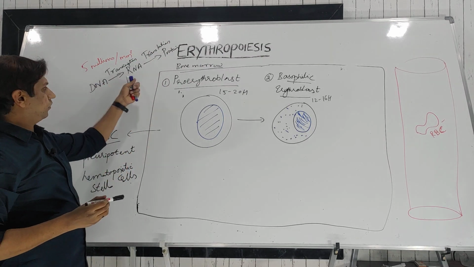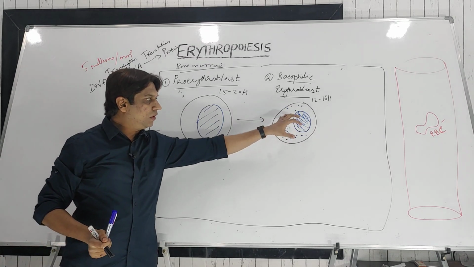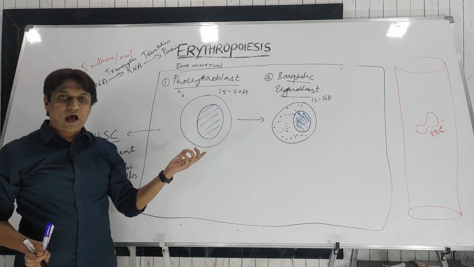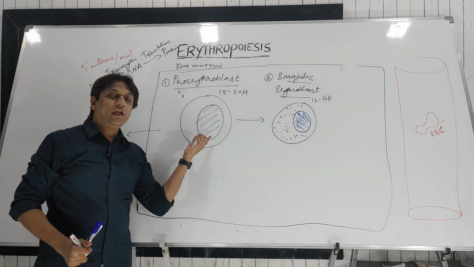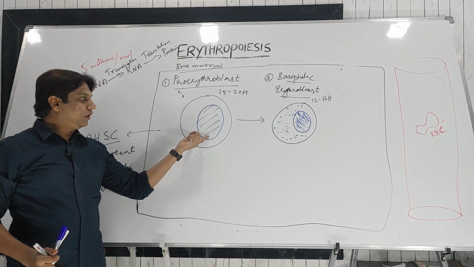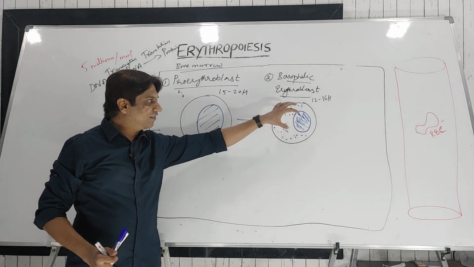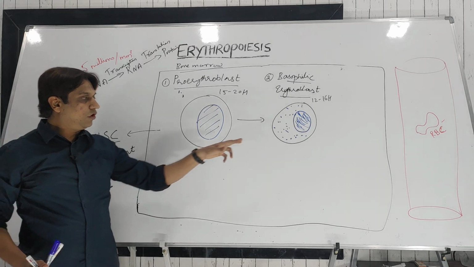Here this process will start, that is, the genes responsible for the formation of hemoglobin. Before this, in the proerythroblast there will be no hemoglobin. In the mature RBC hemoglobin will be there, but in the immature RBC there is no hemoglobin present. So the cell will be designated to produce more RBCs and more hemoglobin.